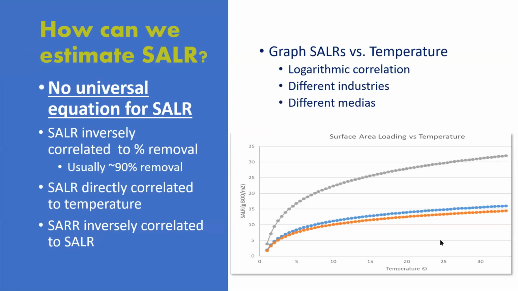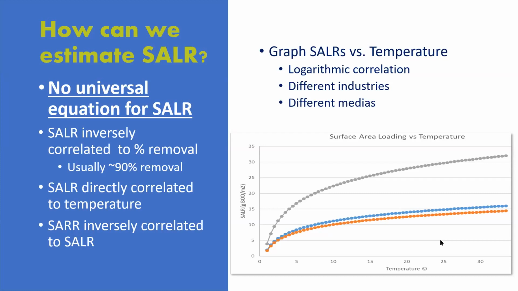And remember, temperature directly impacts the kinetics of your system, right? So as temperature increases, you're going to have higher metabolisms for your biology. You're going to have higher reaction kinetics. So you're going to be able to achieve more treatment. As your temperature decreases, those kinetics slow down, the metabolism slows down, you're not going to be able to achieve as much treatment.